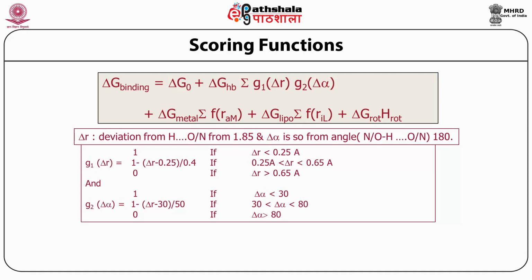Also, the angle has been included. Similarly, for the others, G1 delta R and G2 delta R, etc. are used, meant to give values for the different functions, like whether there is steric hindrance or not. Those functions are shown in the right-side picture. So there is a sharp potential boundary well, a straightforward well, which is not a smooth well.